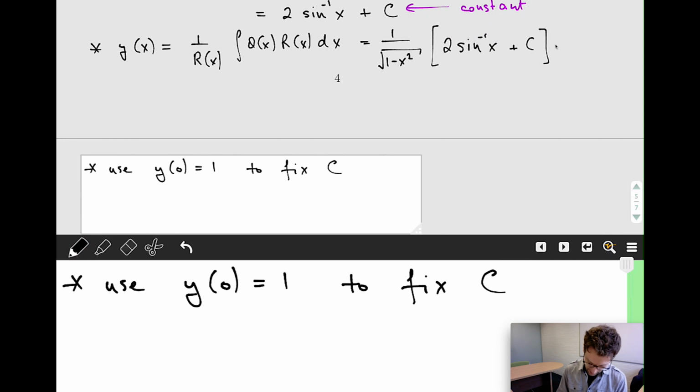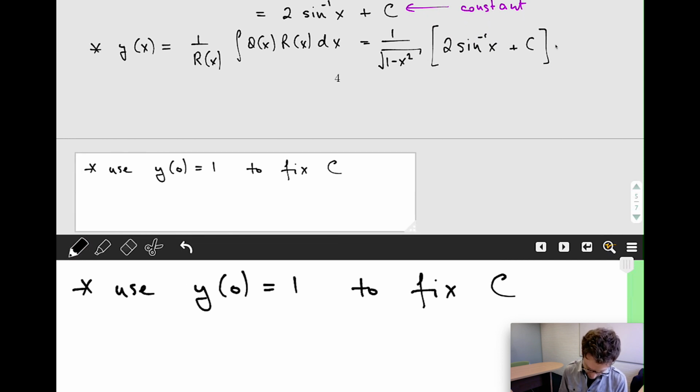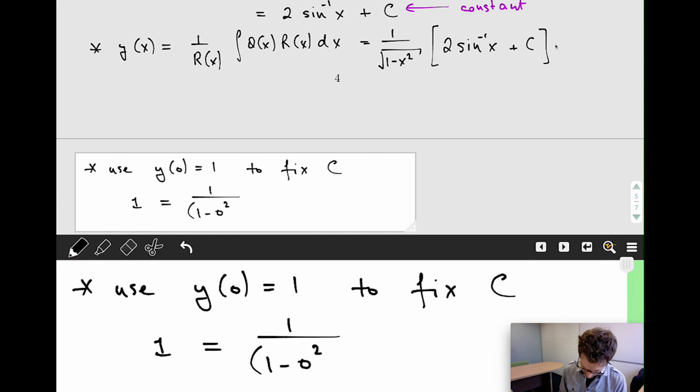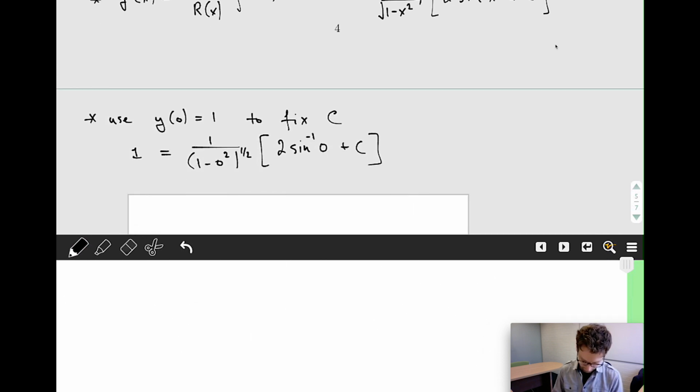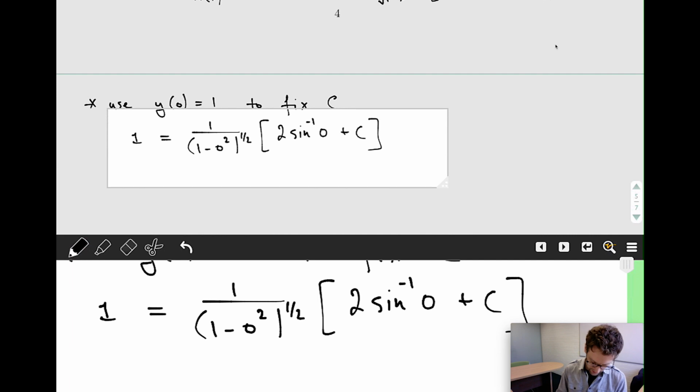So putting in x is equal to 0 and y is equal to 1 into this expression that we found, we get 1 is equal to 1 over 1 minus 0 squared, all to the power of a half, or the square root, times 2 sine inverse of 0 plus c. Now sine of 0 is 0, so sine inverse of 0 is also 0.